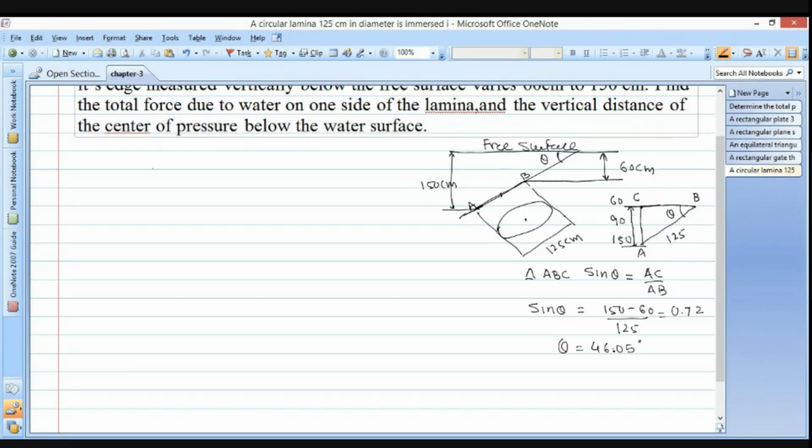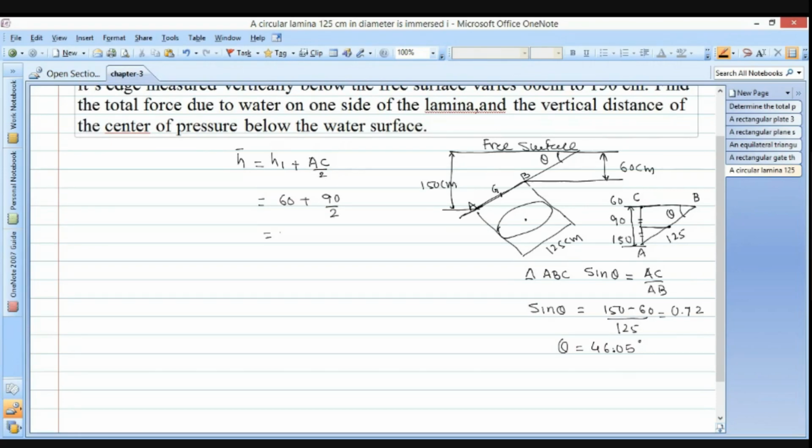Now C is the center, the midpoint of the diameter. So we can first calculate h bar. h bar equals h1, the height of point B, plus AC divided by 2, because C is the midpoint of AB, so it divides AB into two parts, and its projection also divides AC into two parts. h1 is 60 and AC is 90 divided by 2.